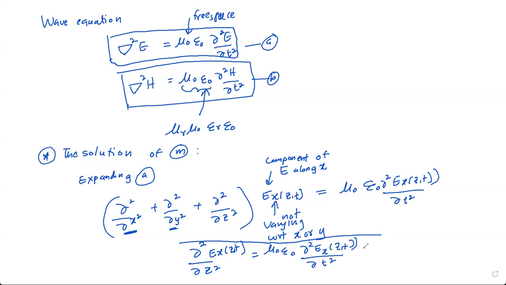After that, the solution of this kind of equation will be of the form: Ex, now proposing the solution in terms of z and t, is equal to Ex plus cos(ωt minus zk) plus Ex minus cos(ωt plus zk).